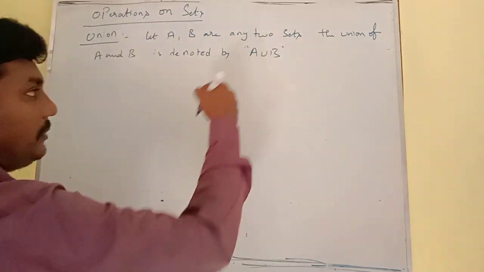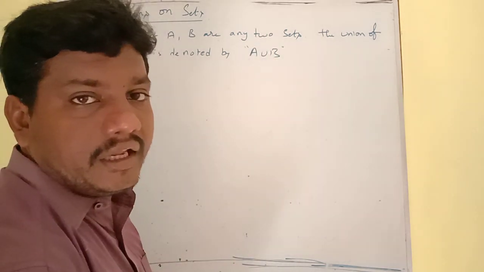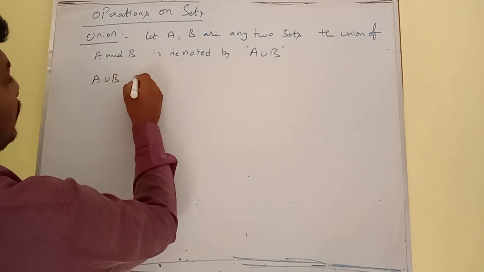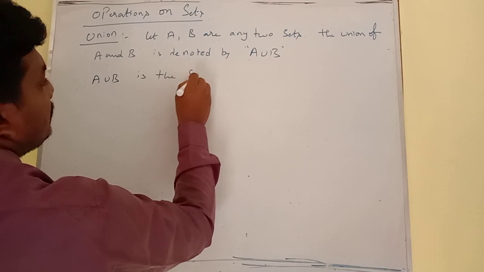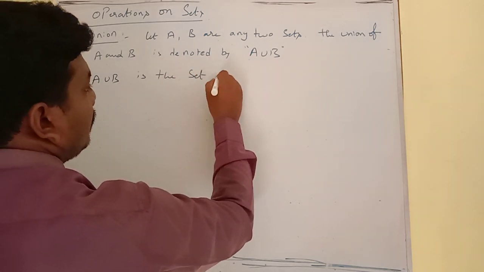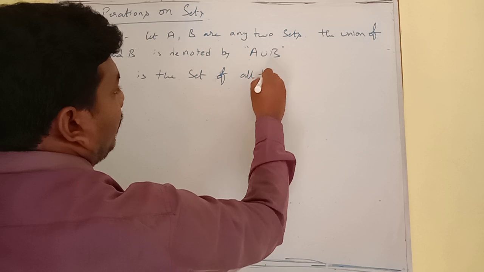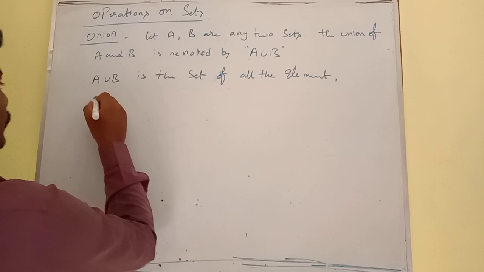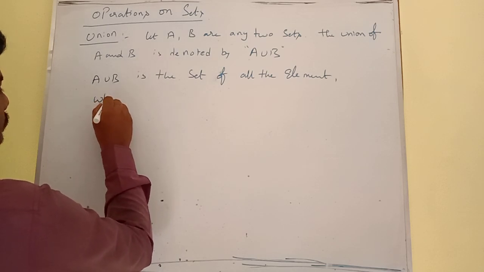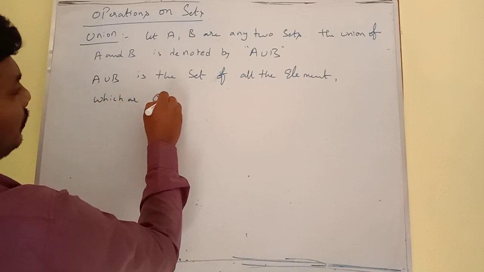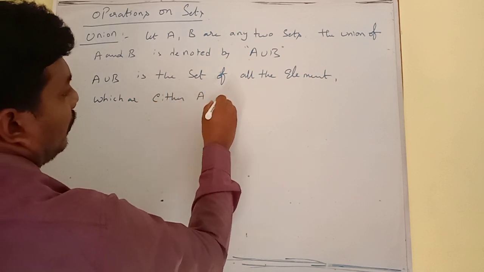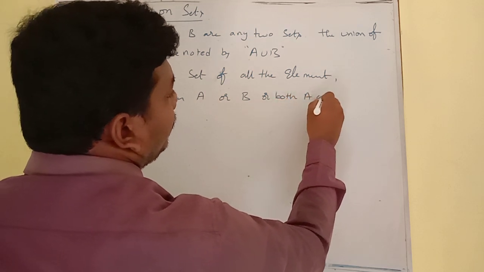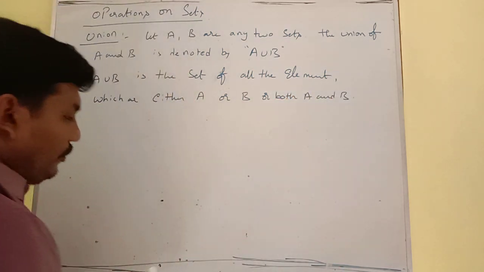That means A union B. Which elements are consisting in A union B? A union B is the set of all the elements which are either in A or B or both A and B, once.